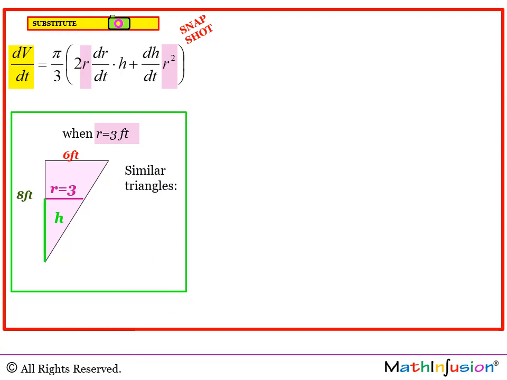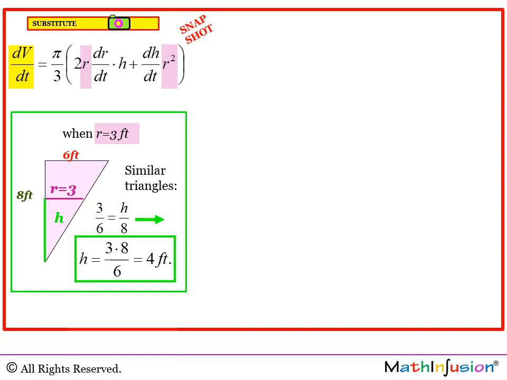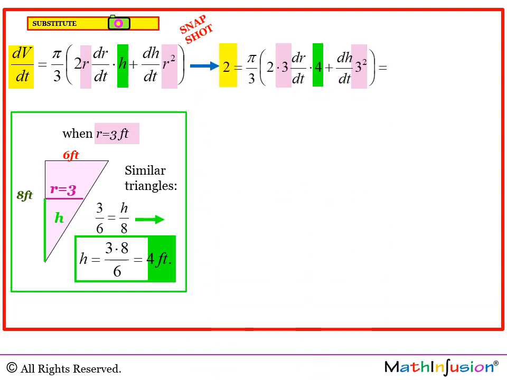We did it before, I'm going to do it fast. Again, you're using similar triangles, and you get that h is 4 feet. Now I also have this. I substitute the numbers and I want to simplify before I continue. I can cancel 3 here and here because this is over 3 and this is times 3 to the power of 2. I get this.